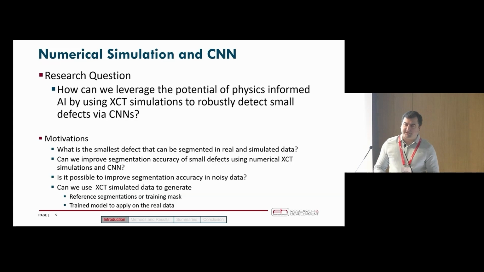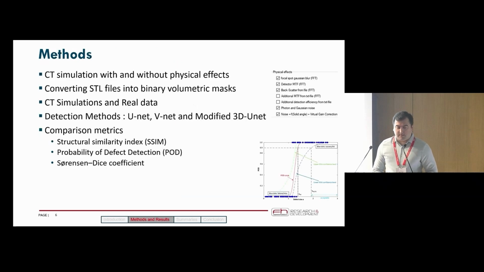So our motivation is how we can integrate these XCT simulations and convolutional neural networks to increase the defect detection size. We define several questions to answer, and we use different kinds of methods to achieve these goals.